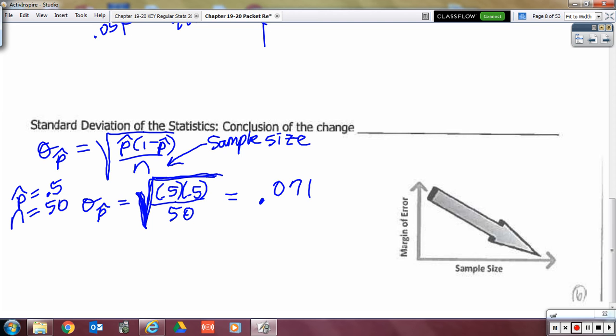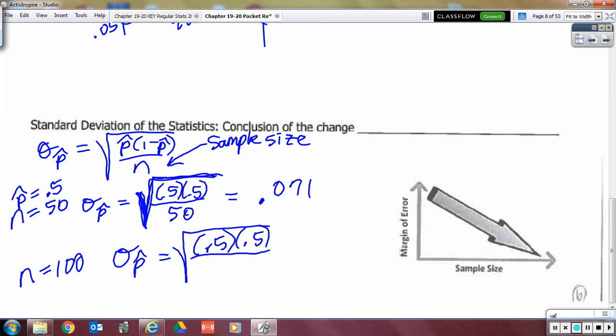All right. Let's do this again with a sample size of 100. Anybody want to guess what's going to happen? Here's what I want you to guess. Do you think this number is going to be bigger or smaller than the previous standard deviation?